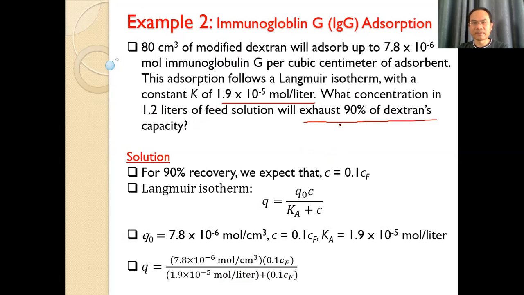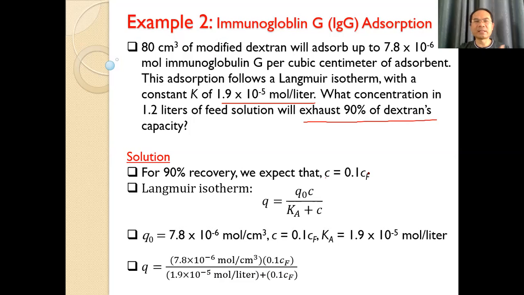We expect the concentration C is the concentration of immunoglobulin G in solution. That means the remaining immunoglobulin G in solution is 10%, equal to 0.1 CF.